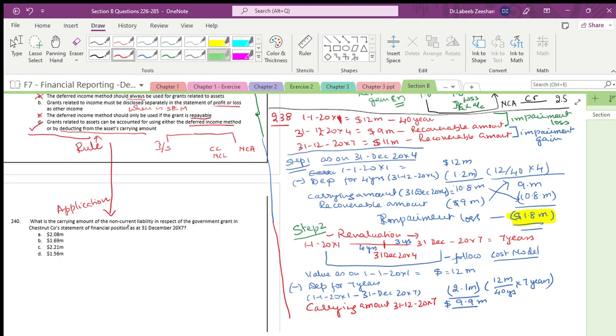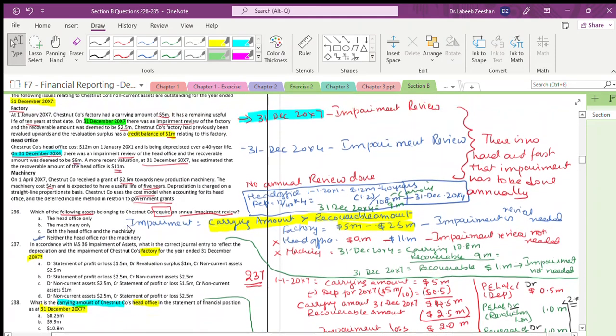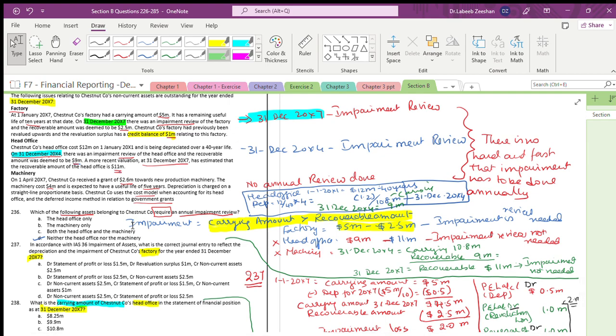How much grant did they receive? They received the grant on 1st April 2007, which is 2.6 million. And the machinery cost is 4 million, useful life is 4 years, depreciation on straight line method.